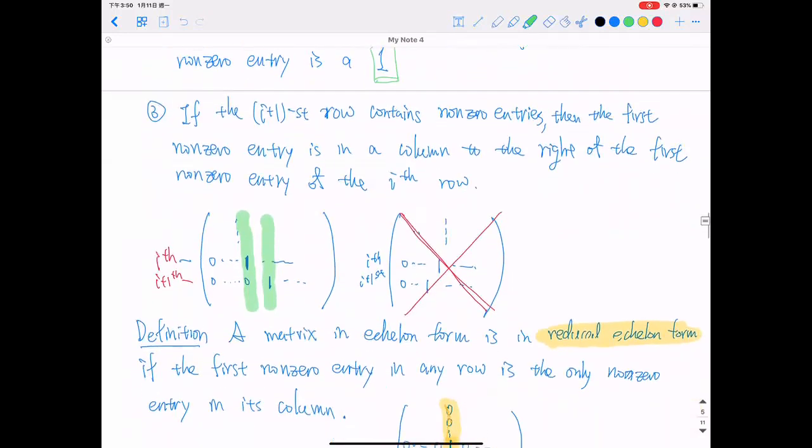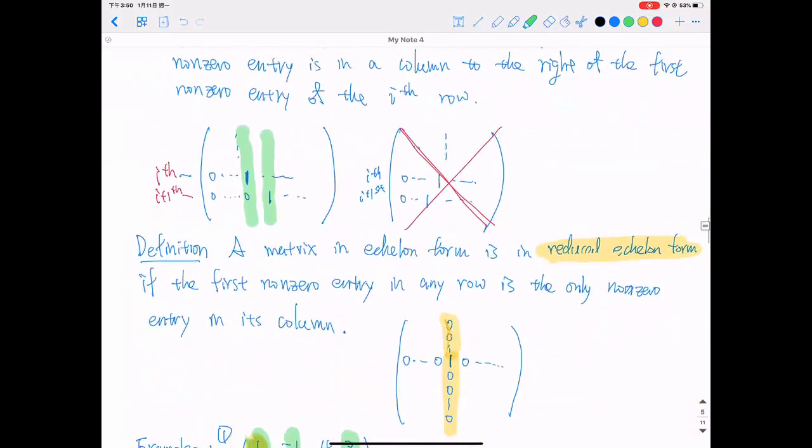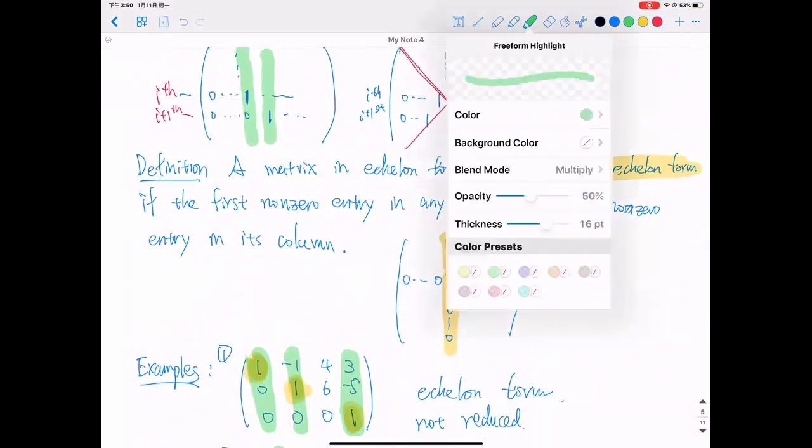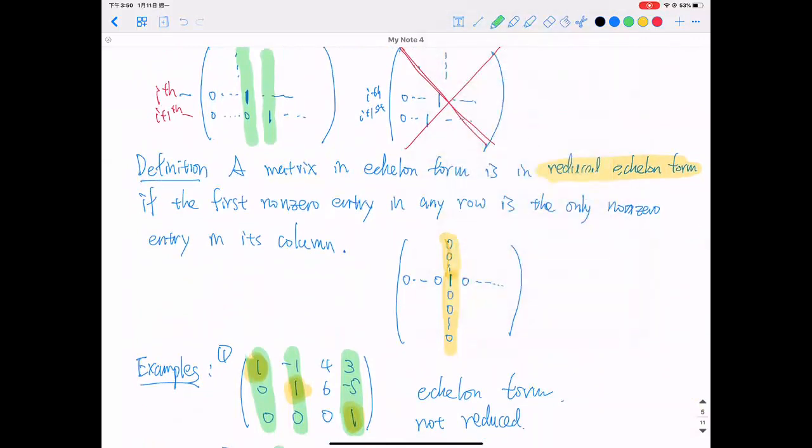And in addition, a matrix in echelon form is in reduced echelon form if the first non-zero entry in any row is the only non-zero entry in its column.